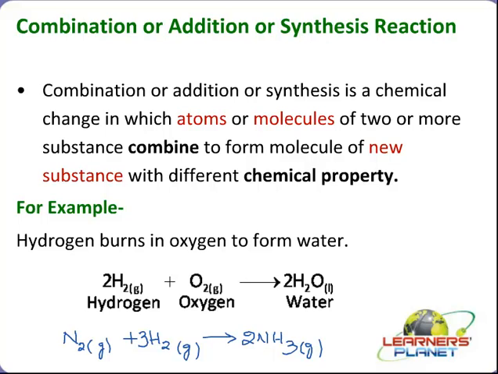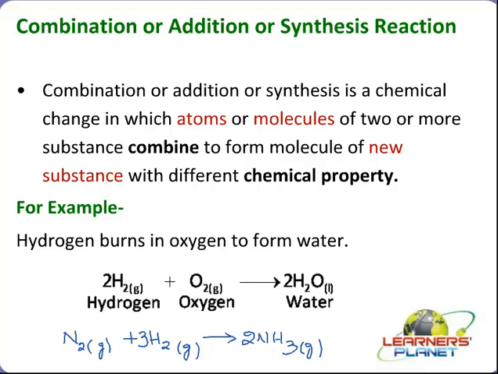Now here also, what is happening students? Nitrogen gas is combining with hydrogen gas, giving what? Ammonia. Likewise, carbon combines with oxygen, giving carbon dioxide. Likewise, sulfur combines with oxygen, that is S plus O2 gives SO2. Tell me one more example of combination reaction.